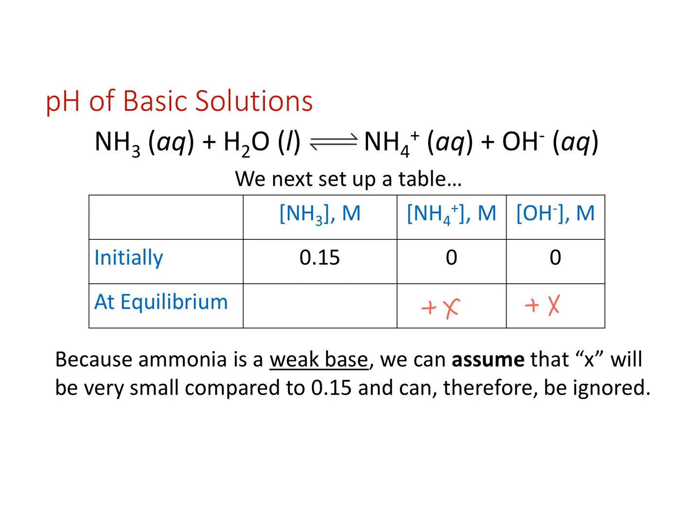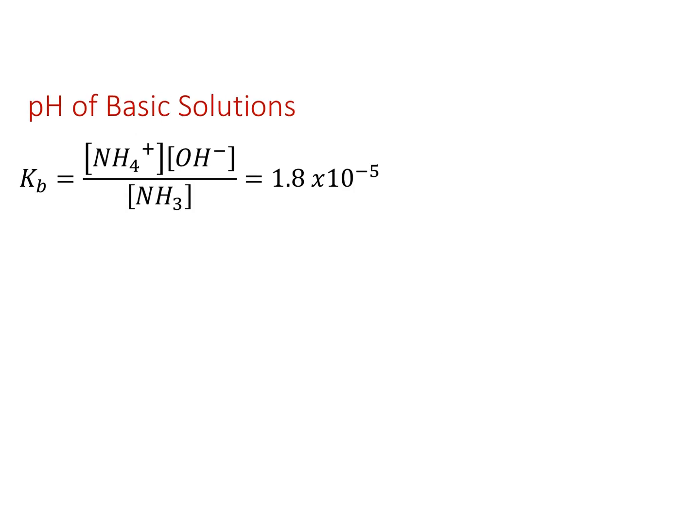I can make the same assumption I did before in that because this is a weak base, it only partially ionizes in solution, and my initial concentration will be very similar to my equilibrium concentration. And I could ignore any changes in that concentration. This will simplify the calculation. So we know the Kb and we know the concentration of ammonia, and we've decided to call ammonium and hydroxide both X. So Kb equals the concentration of ammonium, which is X, times the concentration of hydroxide, which is X, all over our concentration of ammonia, 0.15.